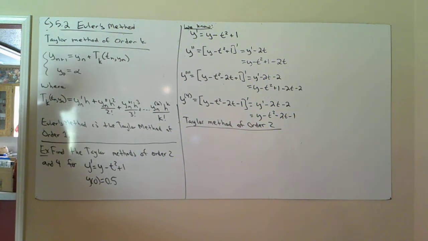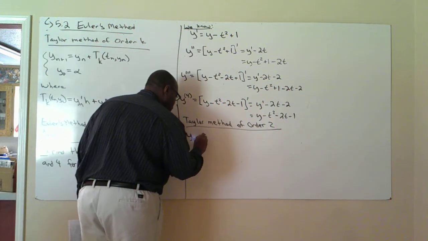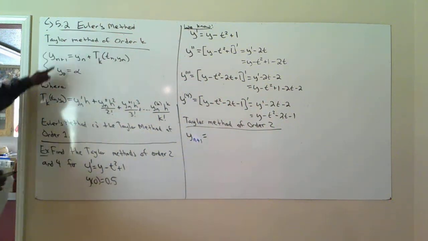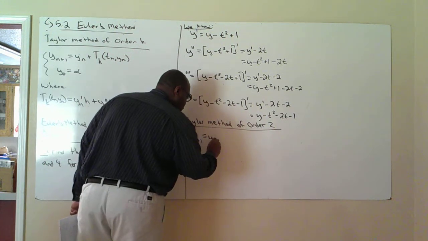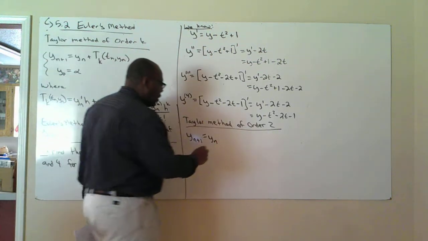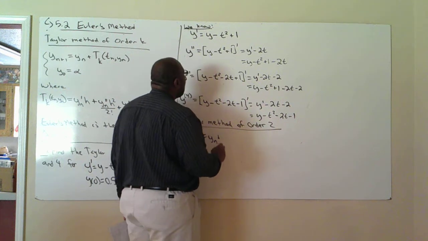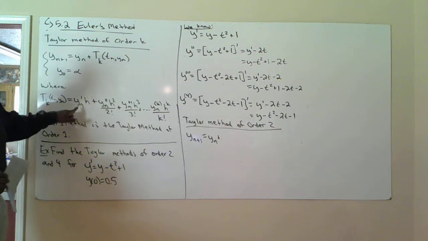See here, that would be y sub n plus 1 equals, right, y sub n. And we just go to the second derivative, right? So we'll do plus, we have y sub n plus y sub n prime.